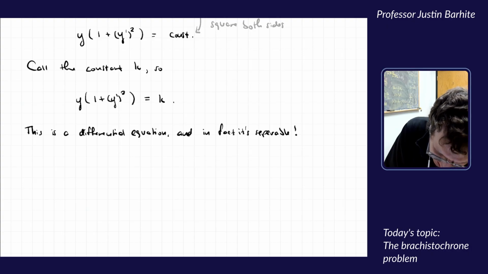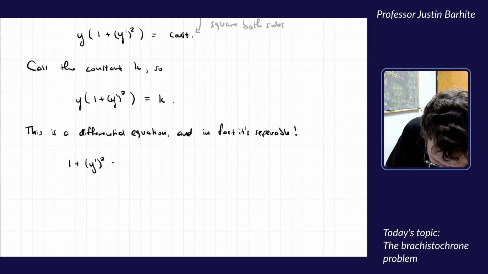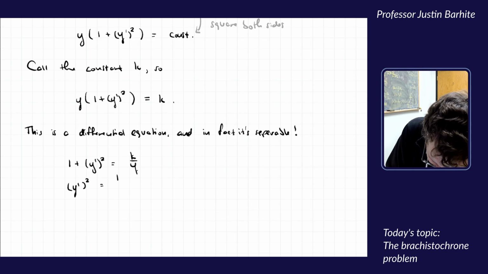So, in order to separate this, I'm going to have to get the y prime by itself. So I'm first going to divide both sides by y, and then I'm going to subtract 1.